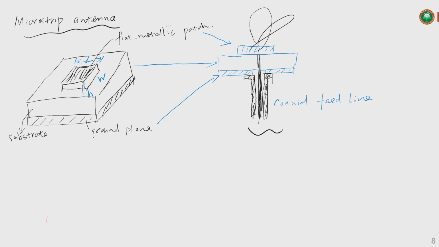For such a direct structure, it has a feeding line, and this is maybe not convenient for our usage. Sometimes there is no such feeding line passing through the substrate.